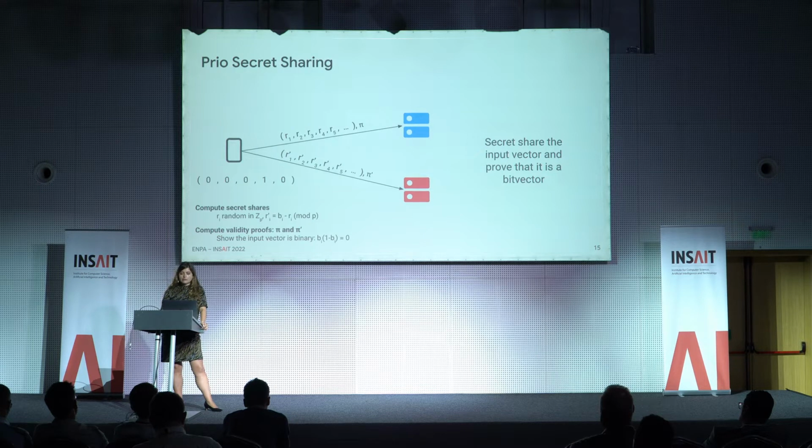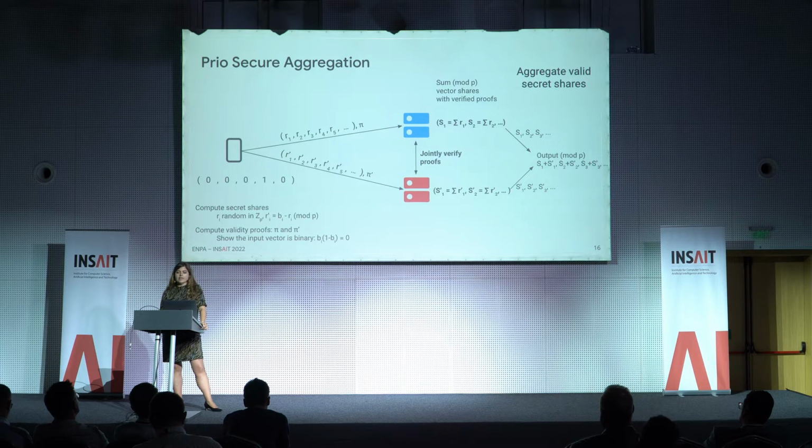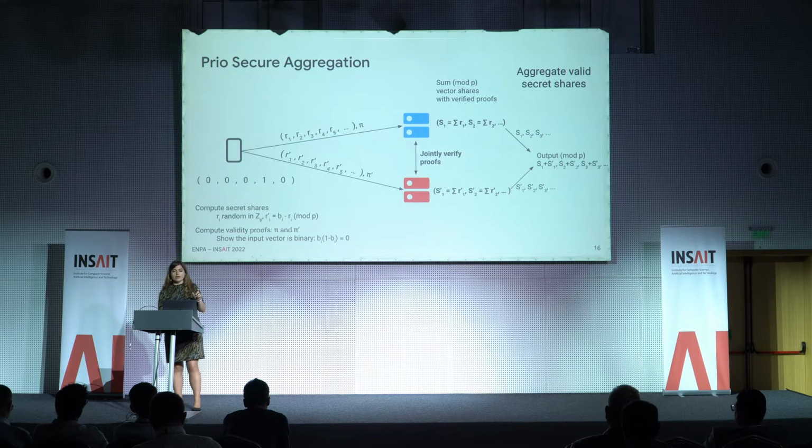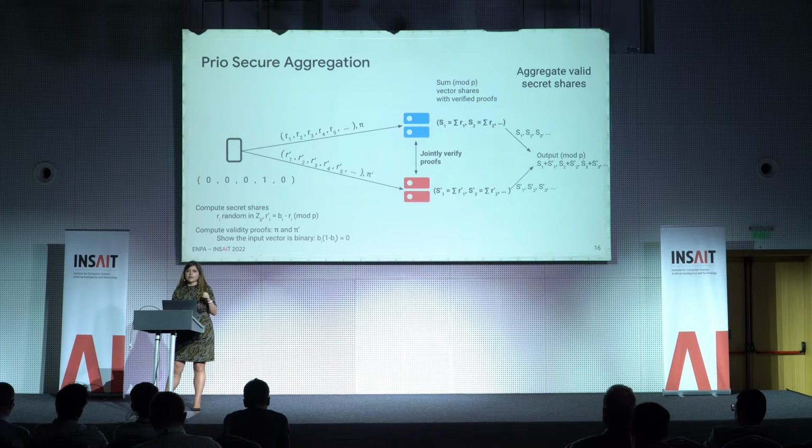So now that all mobile devices send these cryptographic shares of their inputs and the proofs of correctness to the two servers, the two servers will first jointly verify the correctness of the proofs and will filter only the inputs that satisfy these proofs. And here I want to make the point that these zero-knowledge proofs are a special type of proofs that benefit from the fact that we have two non-colluding verifiers and achieve much better efficiency compared to zero-knowledge proofs that have to work with a single verifier.